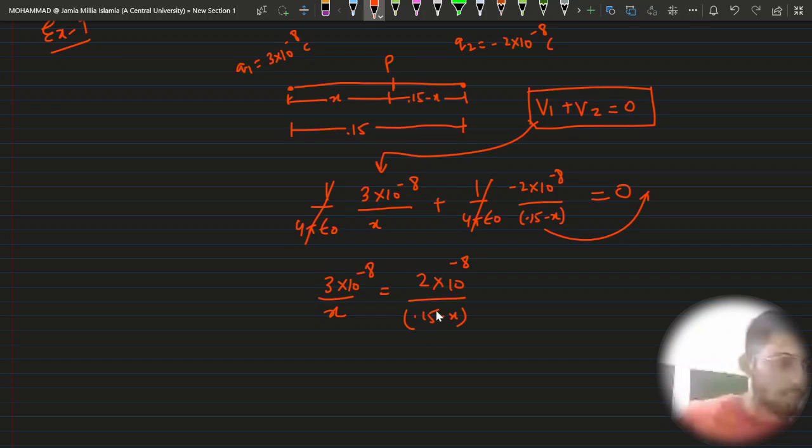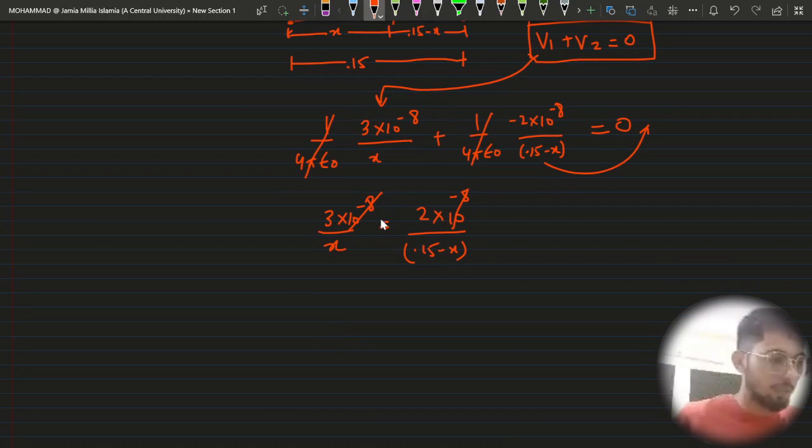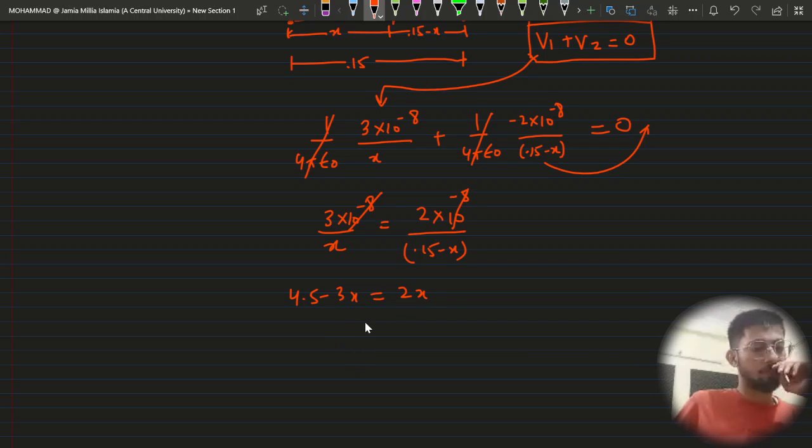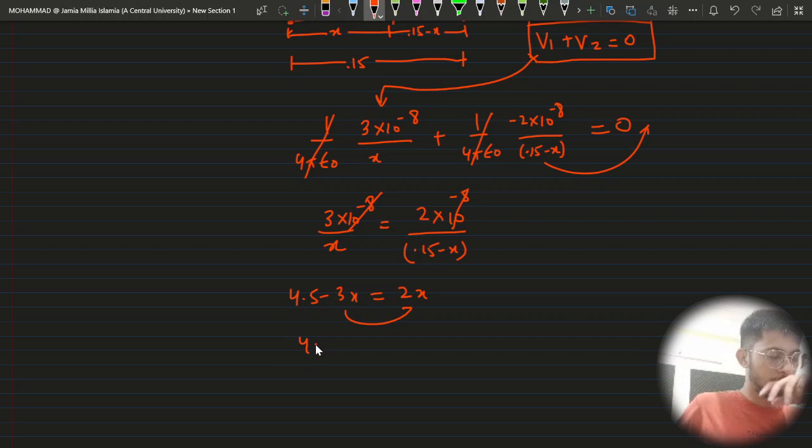Oh, this is minus, so this will get cancelled out. Now cross multiply: 3 into 0.15 is 0.45, so 0.45 minus 3x equals 2x. Taking this over, we get 5x.